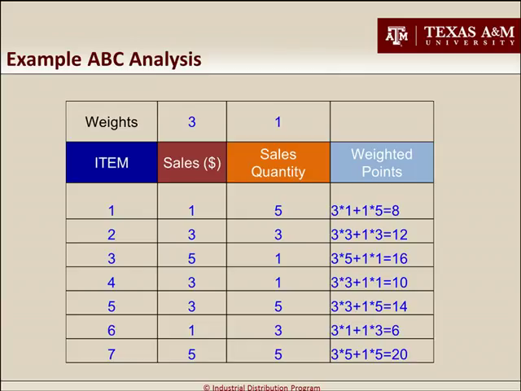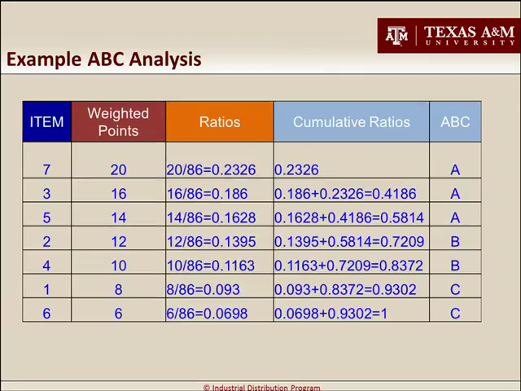In this exercise, item 7 is the best item with 20 points, and item 6 is the worst item with only 6 points. Right. So here's a similar table to the one we had earlier. Item 7 is the highest ranked item, and 6 is the lowest ranked item.